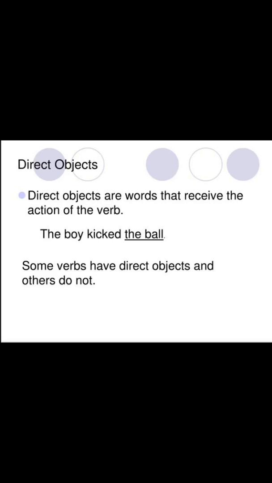As we have seen in the example that kicked, which is a verb, has a direct object, that is the ball. But in the next slide, we are going to discuss various verbs which do not have direct object, and we will learn about those type of verbs.